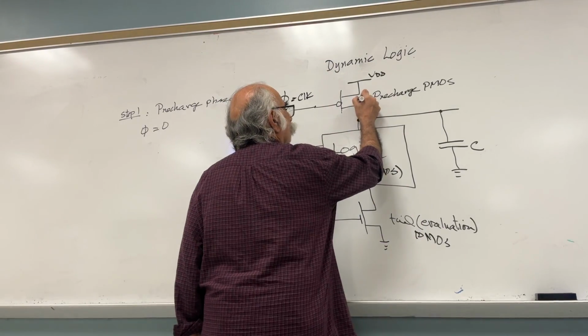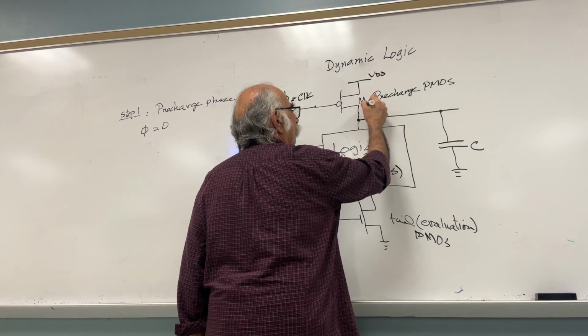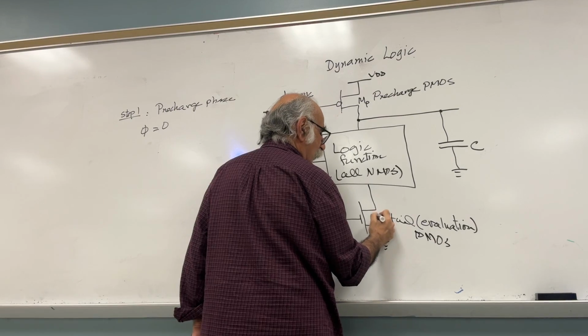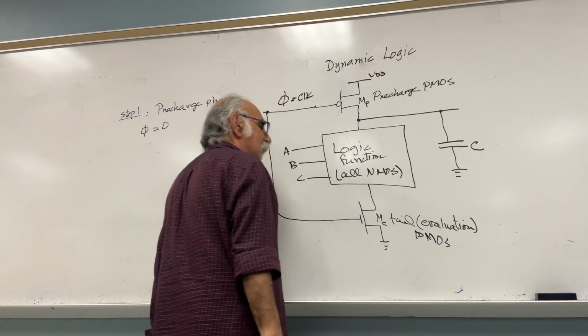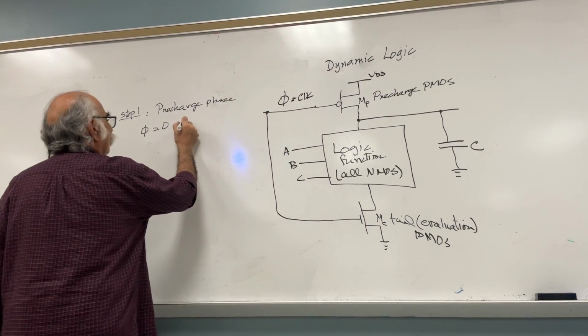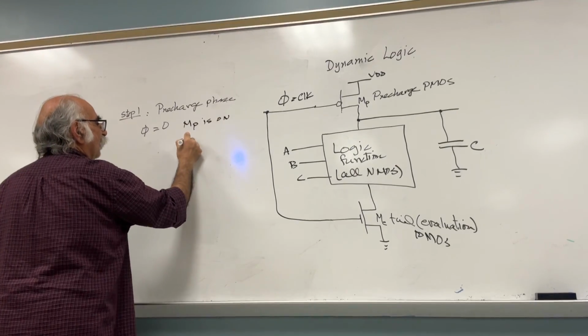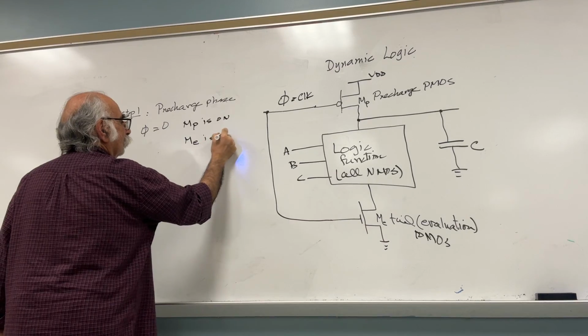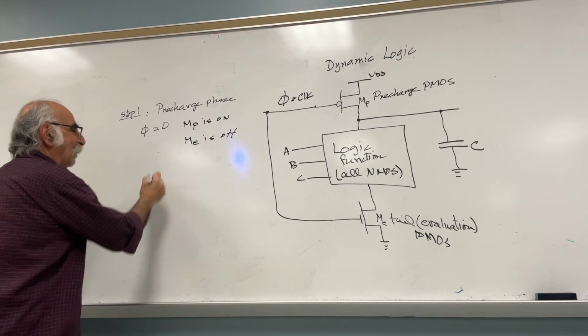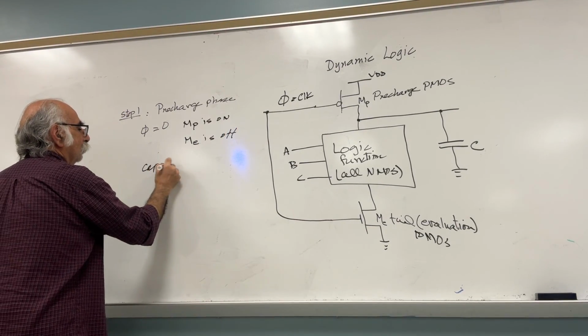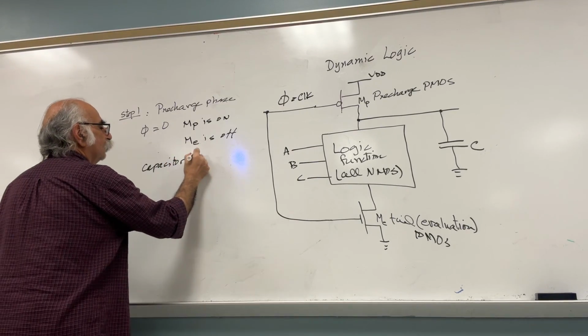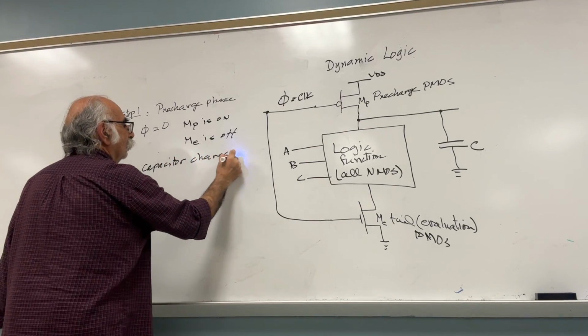Okay, let's call this one MP, P for pre-charge, and this one is ME, E for evaluation. MP is on. ME is off. The capacitor charges to what?